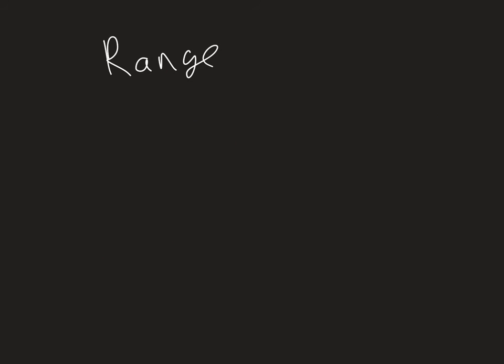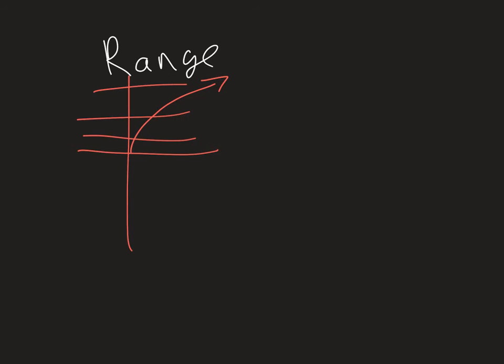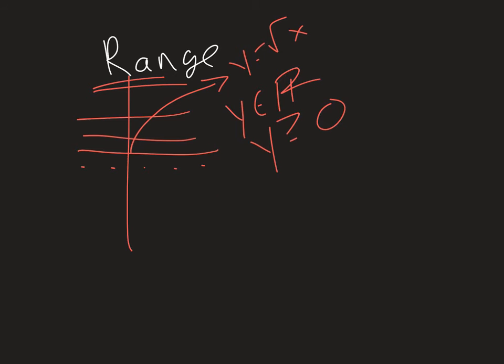So range, very similar kind of thing. If we look at the default square root of x, we're looking at the y values now. So going across up here, what values do I hit? I don't get any negatives again. So y has to be any real number so long as y is greater than or equal to 0 for the default, y equals square root of x. Now, if it changes, let's take a look at our y equals square root of x minus 3 example. Well, we've already determined that x has to be greater than or equal to 3.